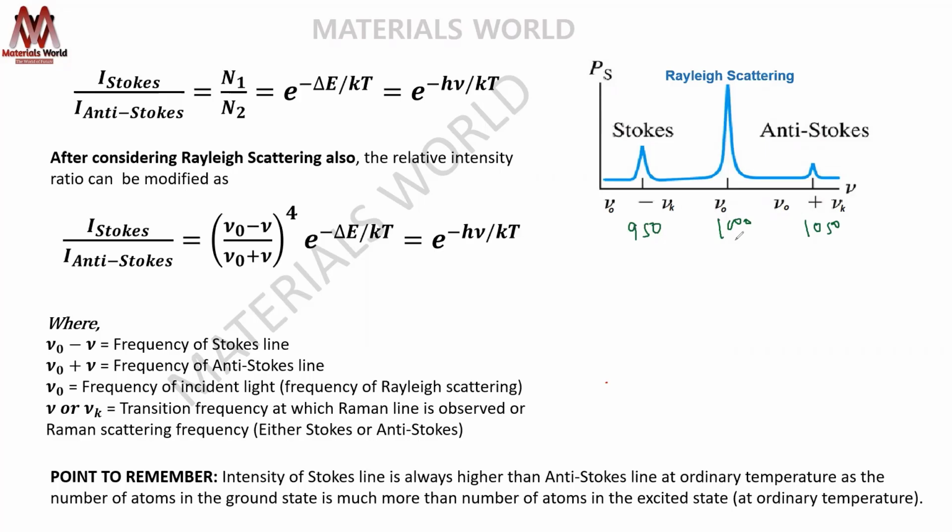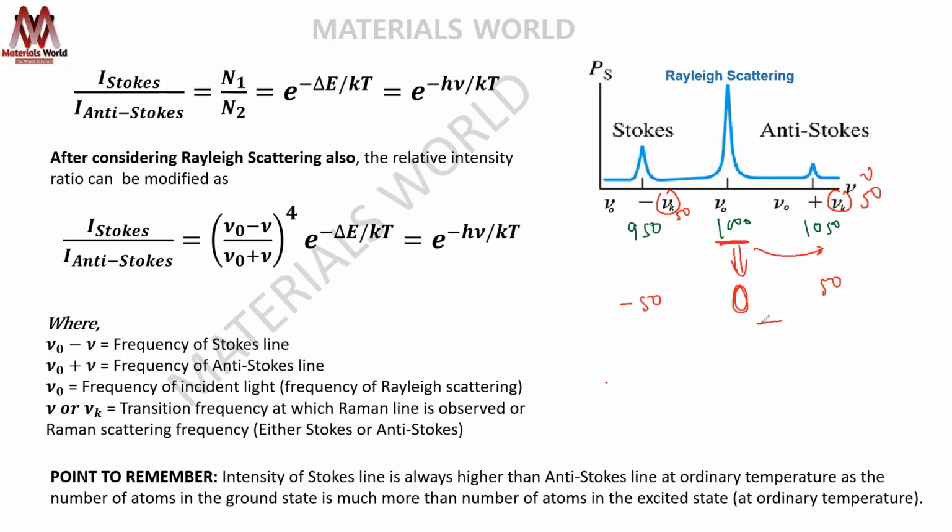So you can normalize it. Your nu is 50 here, and here your nu is also 50. If you make this 0, assume that your Rayleigh scattering is observed at 0, then this will be 50, and this will be minus 50.